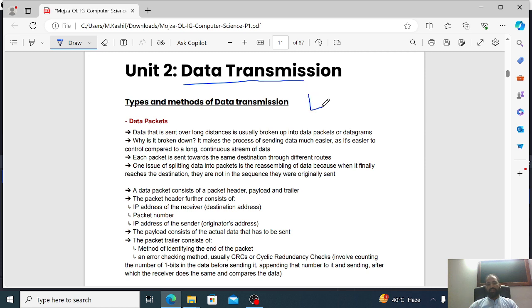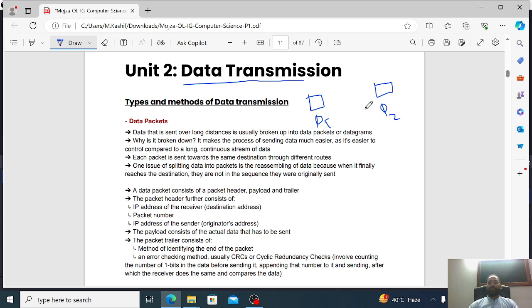So, here I have a device. This device can be a PC, laptop, or cell phone, and here another device whose name is PC2 or device 2, or any tab or any cell phone.